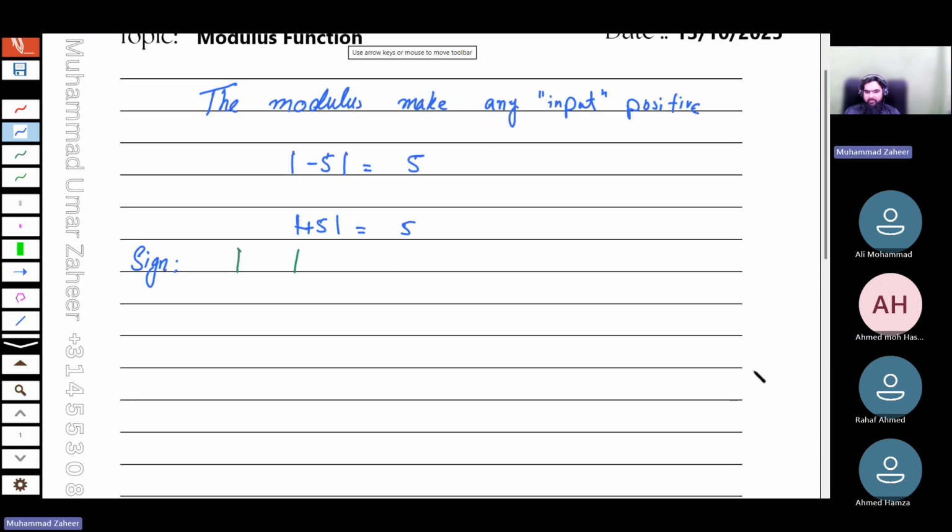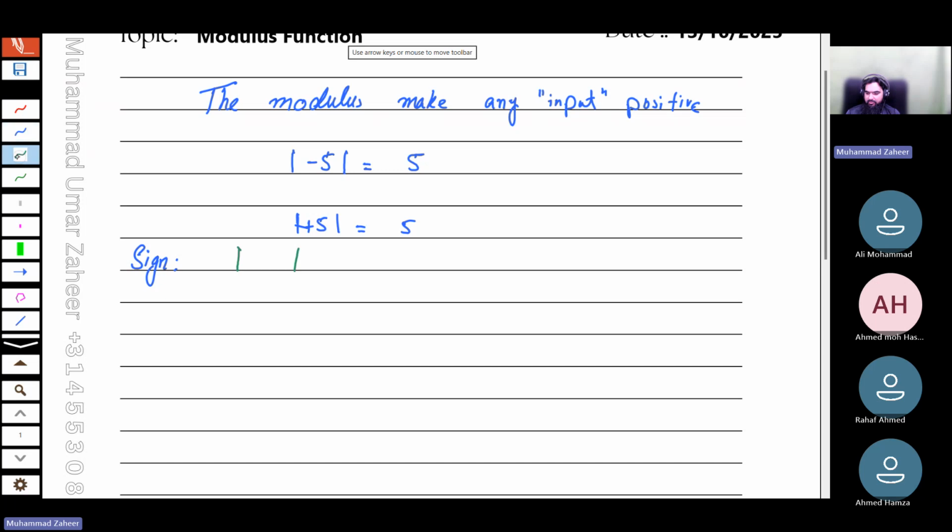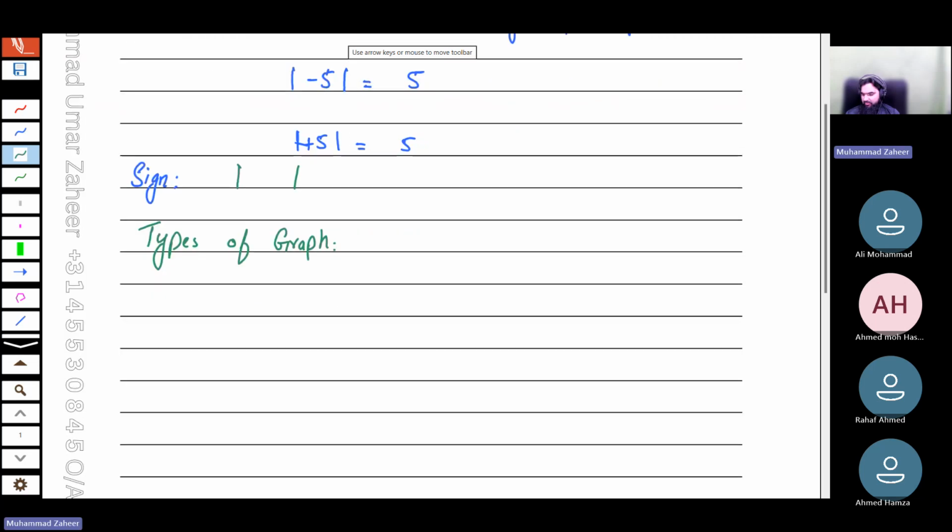Now in our modulus function, we are going to cover two types of graph. Both of them we have already done.